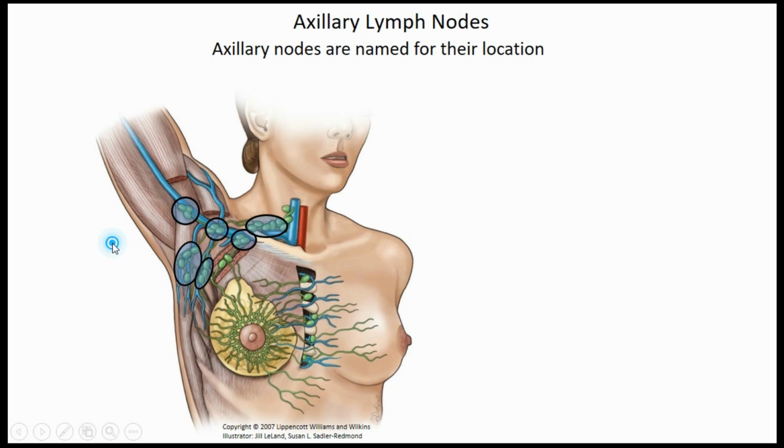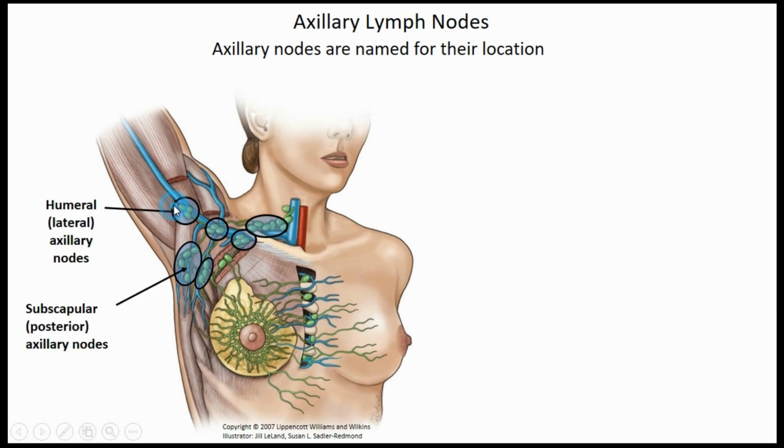So let's take a look at those axillary nodes one more time. The humeral nodes are on the lateral side. The posterior nodes, or the subscapular nodes, are there. Then we've got the pectoral and interpectoral nodes here. These are the ones that are more involved with spread of breast cancer from this lateral superior 3/4 of the breast.